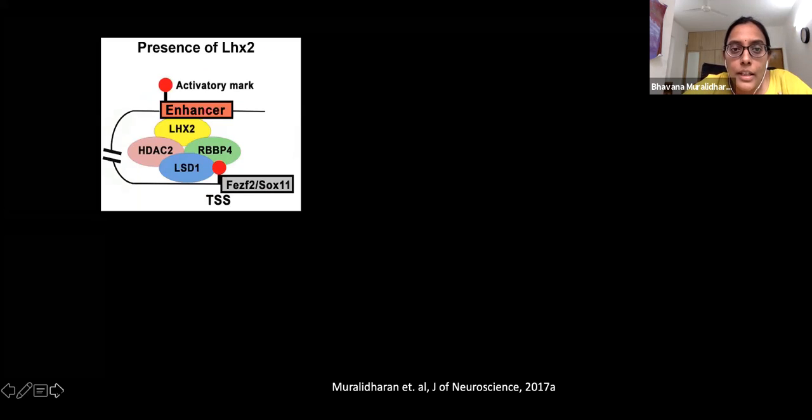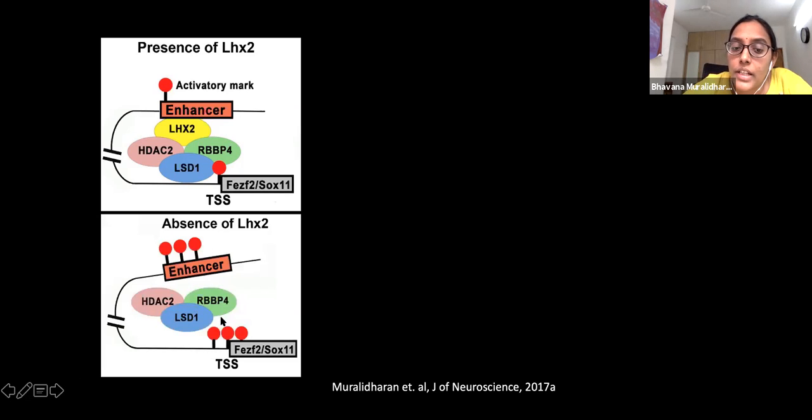Now, I just wanted to put this out here because I have studied one such mechanism, and I showed to you how LHX2 is involved in this. LHX2 actually regulates the expression of FESF2 and SOX11, and this happens inside the progenitors. It recruits these chromatin modifiers onto the enhancer and transcription start site of FESF2, and represses FESF2 and SOX11 expression.